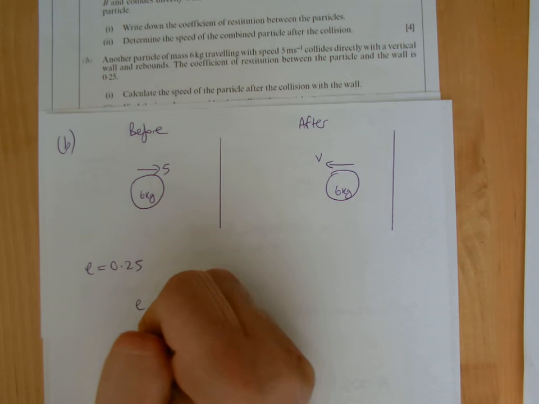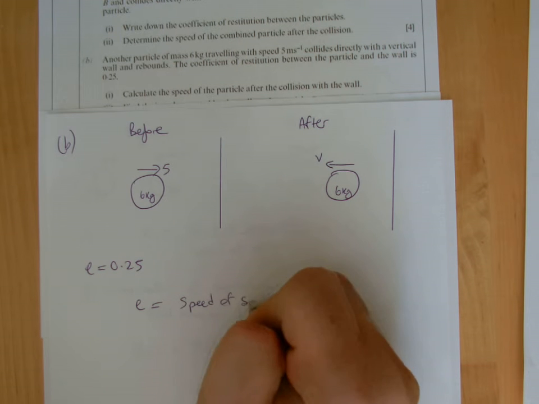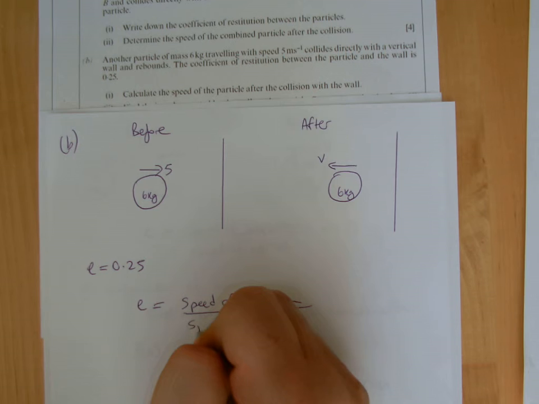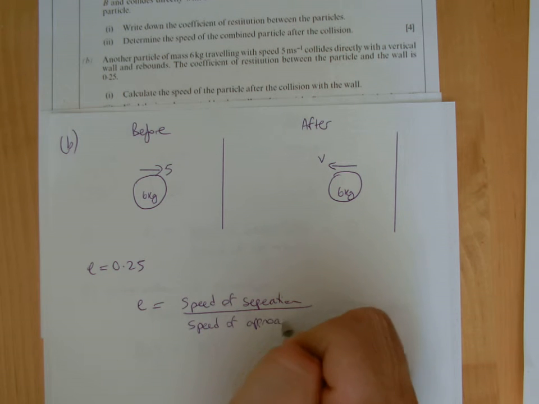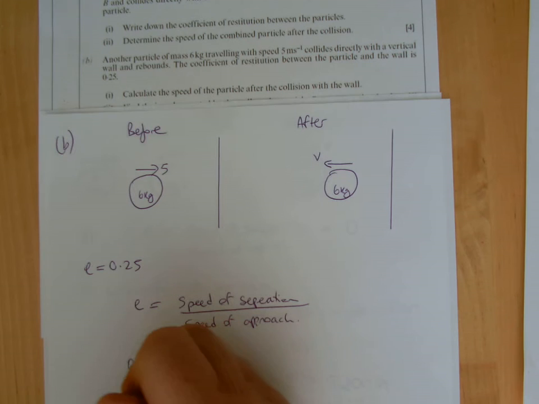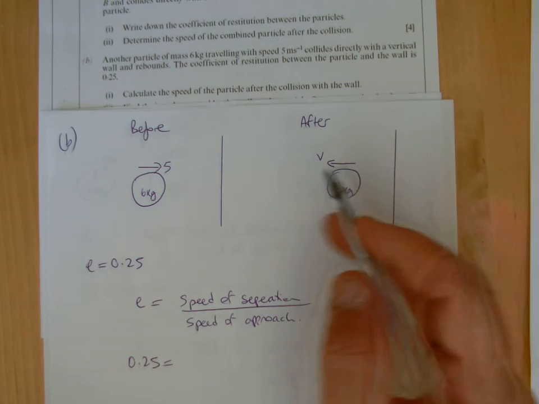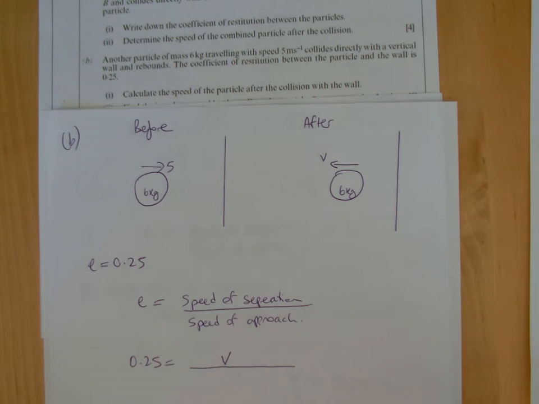So remember, E is equal to speed of separation divided by speed of approach. Okay, so we know E is 0.25. Speed of separation, when it's after it's hit the wall, when it's separating from it, is going to be V. It's just going to be V, isn't it? It's not going to be VB minus VA, because the wall is just locked in place, right?